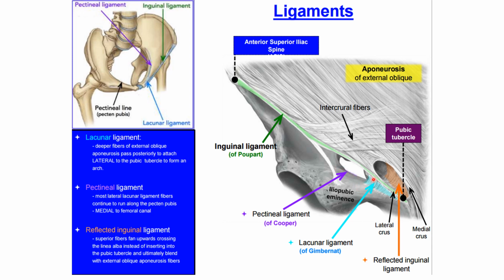And then there is a gap in between these two, between the inguinal ligament and the pectineal ligament. This gap is filled by the ligament known as the lacunar ligament of Gimbernat. The lacunar ligament fills this gap between the inguinal ligament and the pectineal ligament.